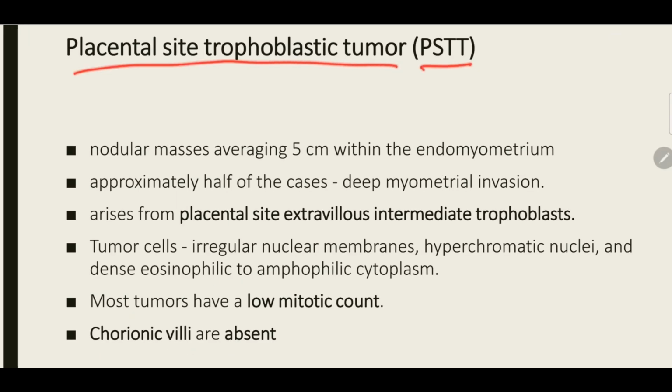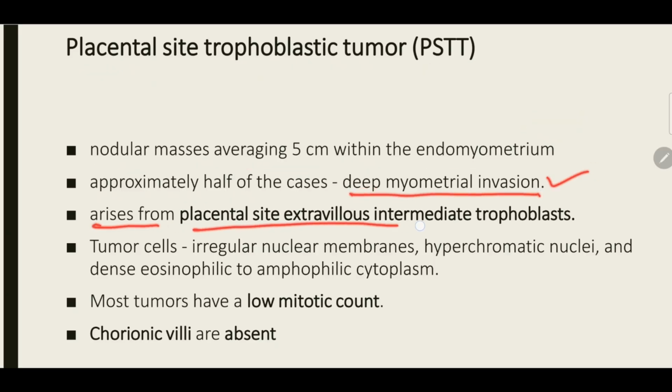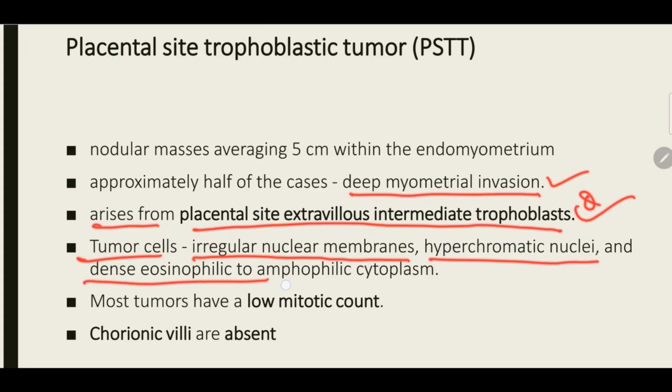Placental site trophoblastic tumor. It is a nodular mass averaging 5 cm within the endomyometrium. In approximately half of the cases, deep myometrial invasion is there. It arises from placental site extravillous intermediate trophoblast. Tumor cells have irregular nuclear membranes, hyperchromatic nuclei, and a dense eosinophilic to amphophilic cytoplasm. Most tumors have a low mitotic count. Chorionic villi are absent.